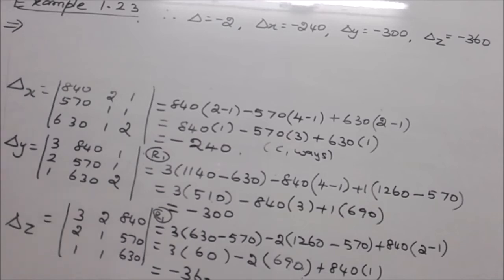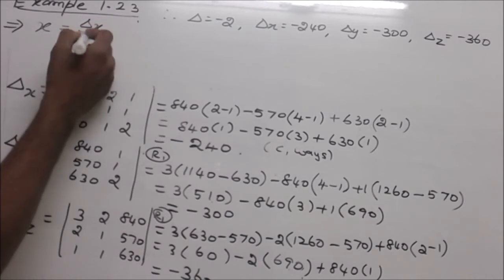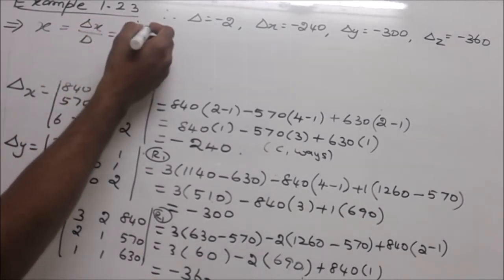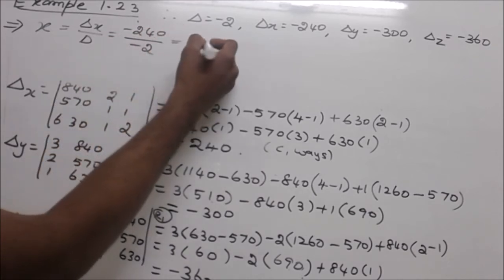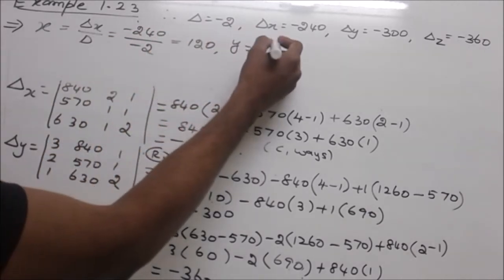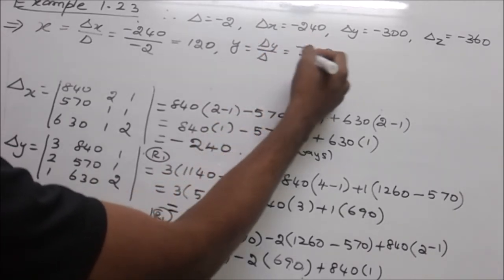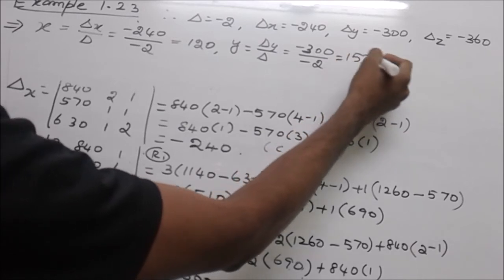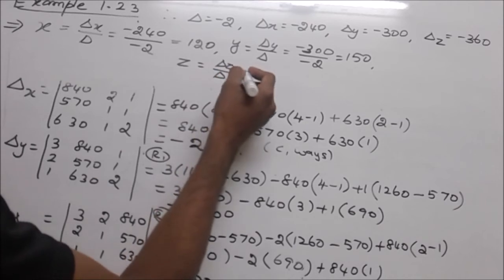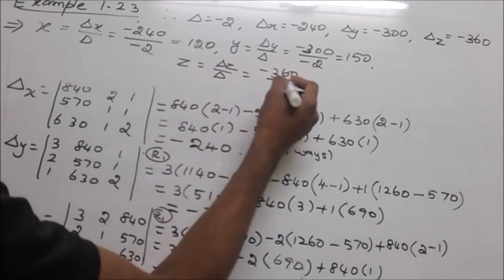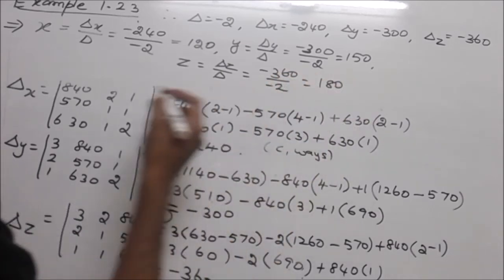Therefore, the values are x is equal to delta x by delta, which is equal to minus 240 divided by minus 2, that is equal to 120, and y equal to delta y by delta, that is equal to minus 300 divided by minus 2 equal to 150, and z equal to delta z by delta, that is equal to minus 360 divided by minus 2, that is equal to 180.